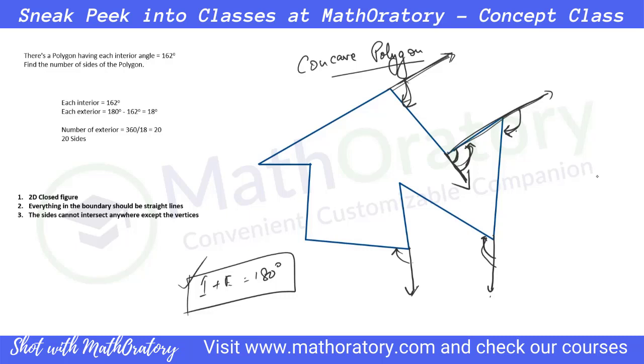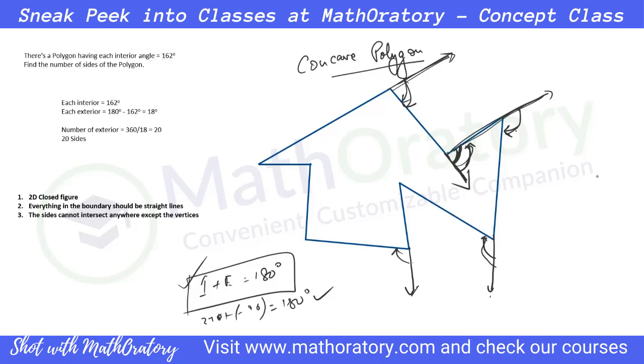Suppose this interior angle was 240 degrees, or let's say 270 degrees. This seems more like 270. So if this is 270 degrees, we will consider this exterior angle to be minus 90 degrees. Only then will 270 plus minus 90 be equal to 180 degrees. So this will automatically be satisfied. So that's all I had to discuss related to this concave polygon.